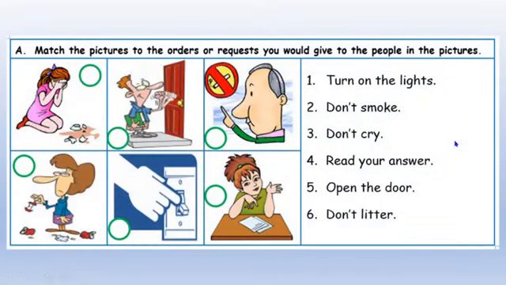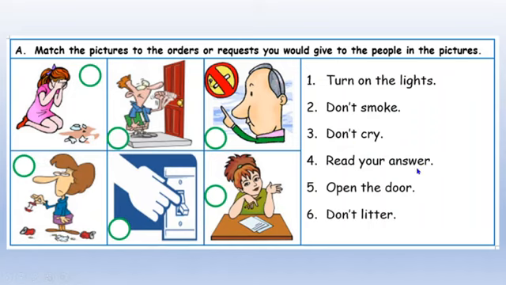Now, let's look at these examples. We have an easy exercise, and the idea is, according to the picture, you need to select what would be the right imperative situation. For example, in the first one we have: 1. Turn on the lights. 2. Don't smoke. 3. Don't cry. 4.